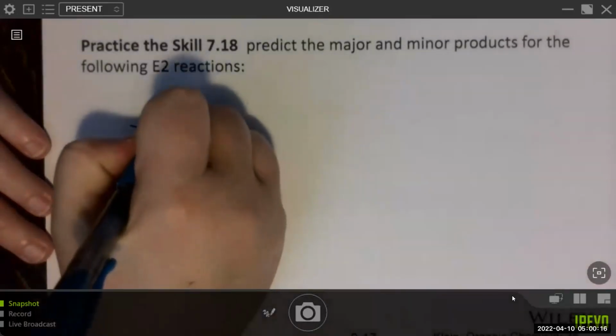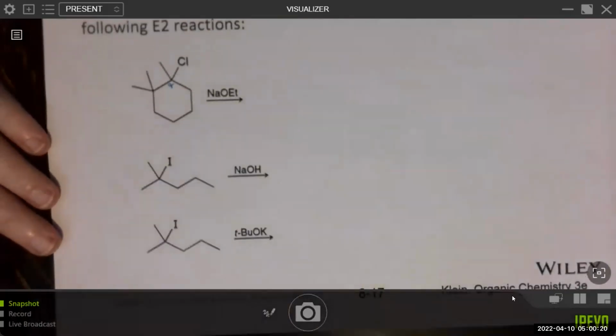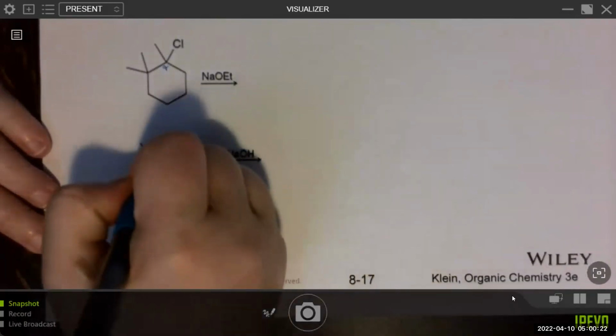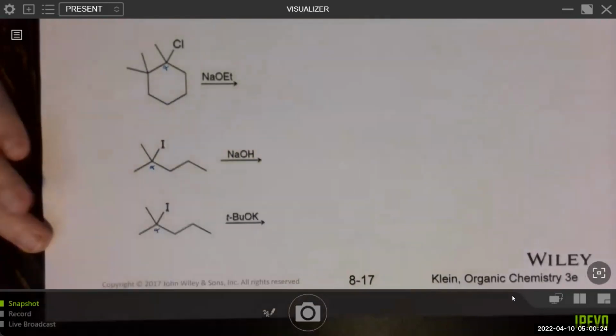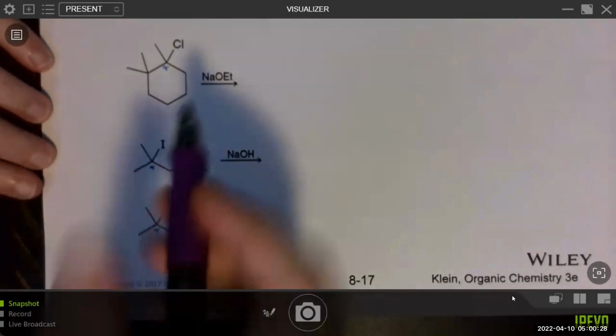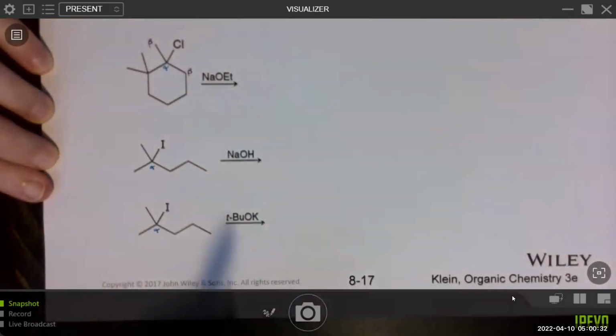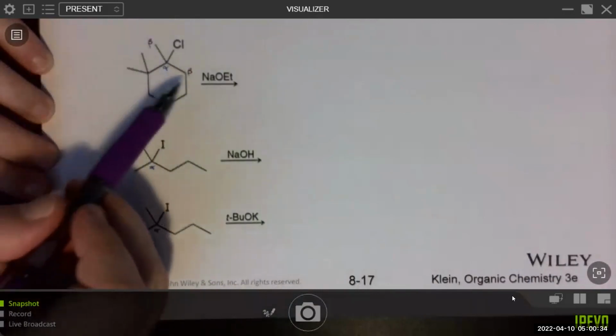So we talked about identifying the alpha carbon, and we can do that all at the same time for these. And then identify those beta carbons. Those are the ones that are attached to the alpha carbon. For this one, I'm only going to put a beta by these two.